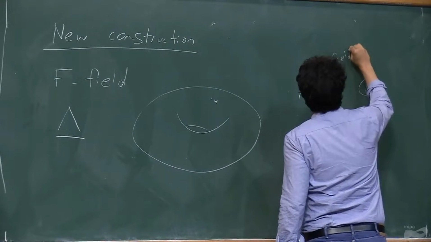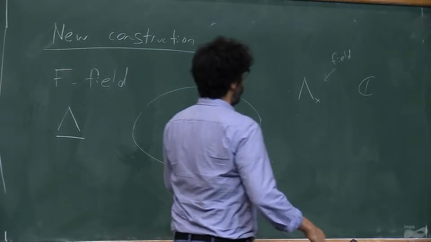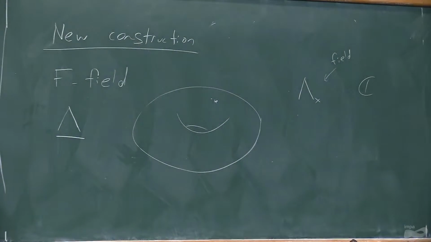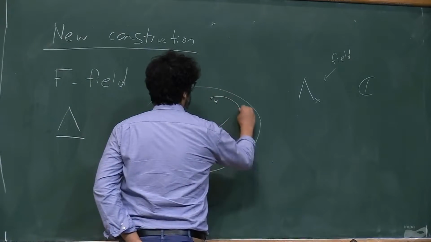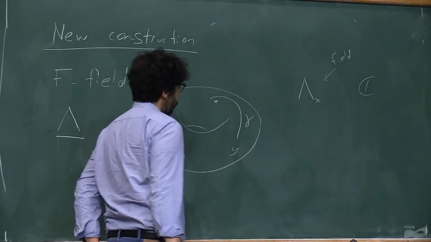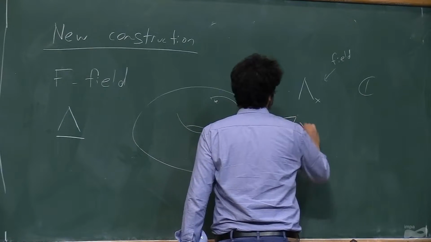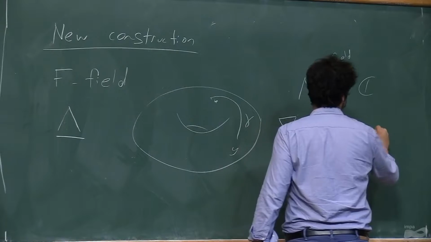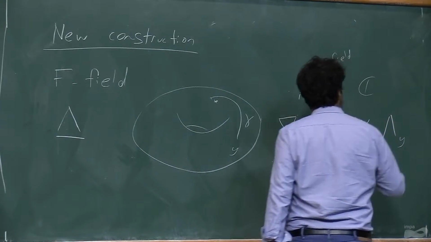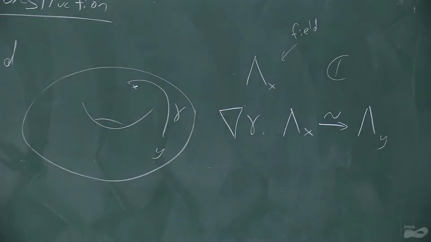Field, algebraically. And then if I have two points, I have a path between them. Then there is a ring isomorphism or field isomorphism. Okay. So in other words, it's a local system of fields.